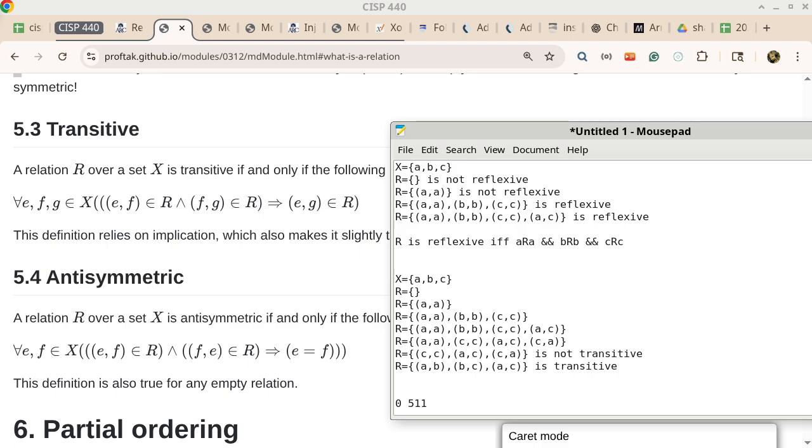What is 512 again? 2 to the power of 9, right? So when you look at a number from 0 to 511 as a binary number, it has only zeros and ones. Each bit position corresponds to the presence or the absence of a specific tuple from the Cartesian product.